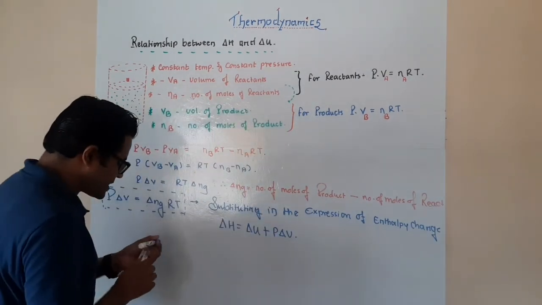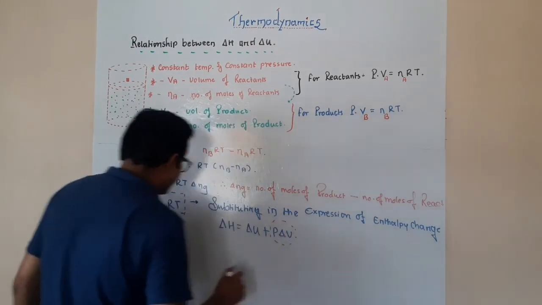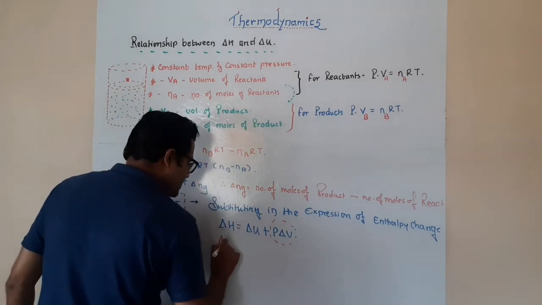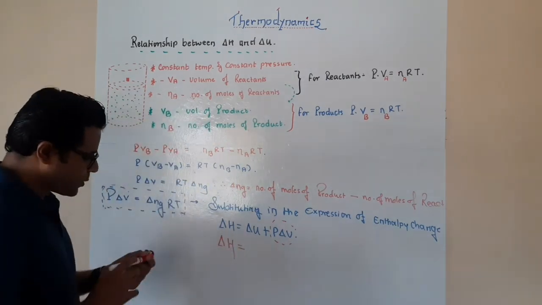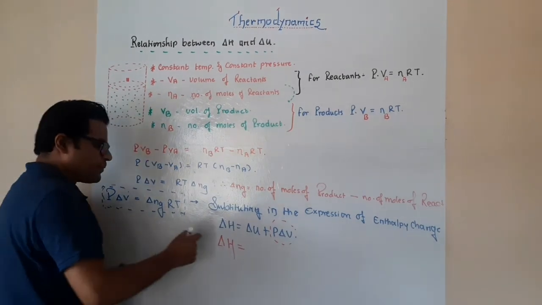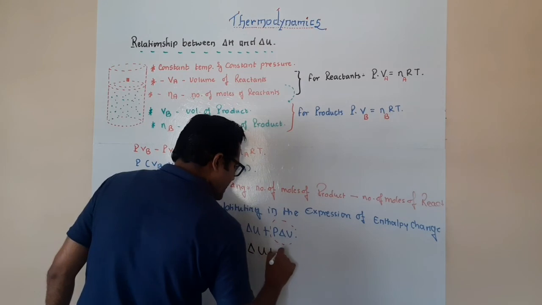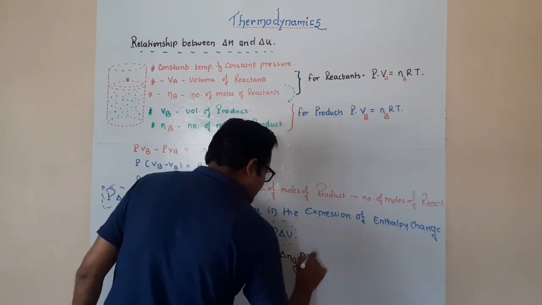So let us substitute P delta V by this expression. Therefore we have our final expression as delta H is equal to delta U plus delta Ng RT.